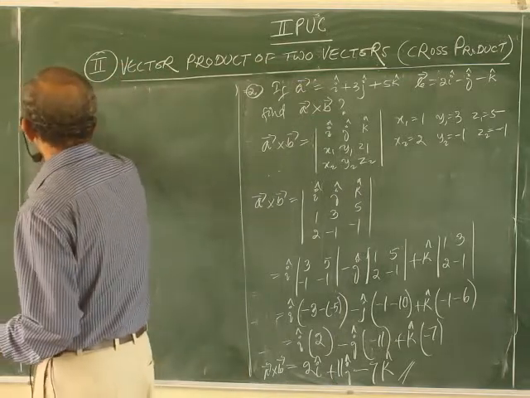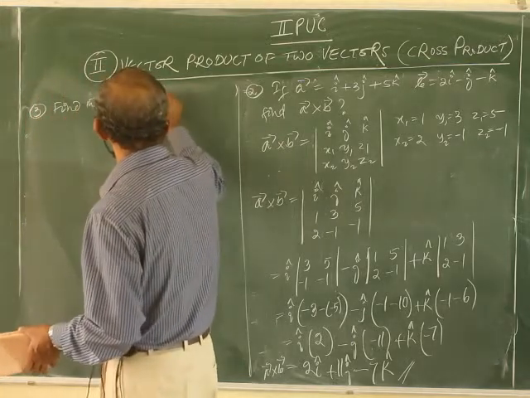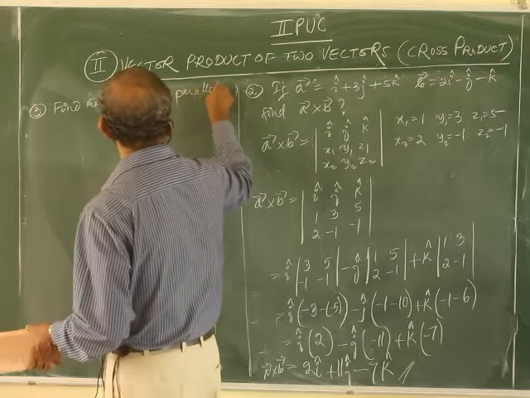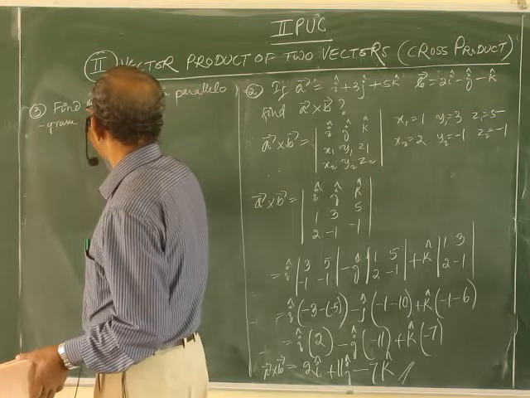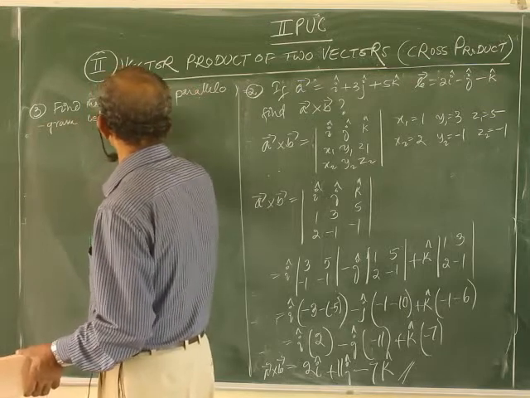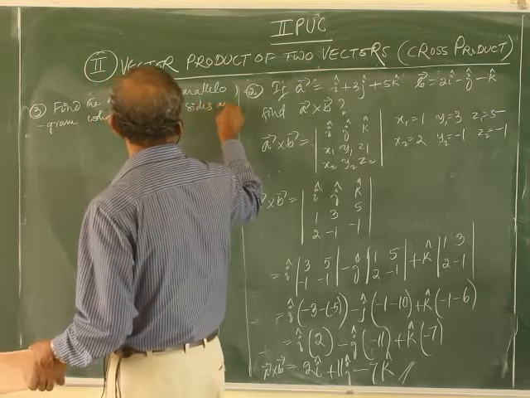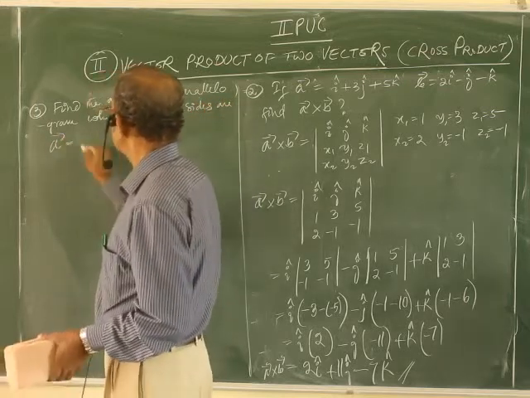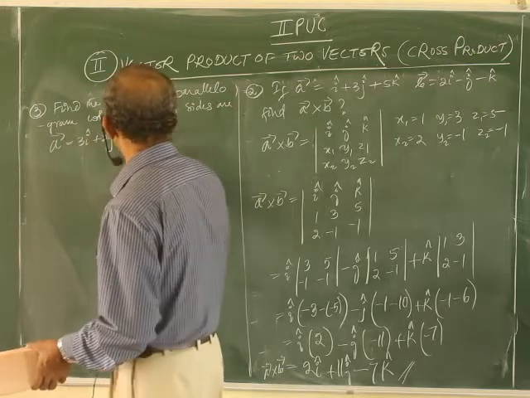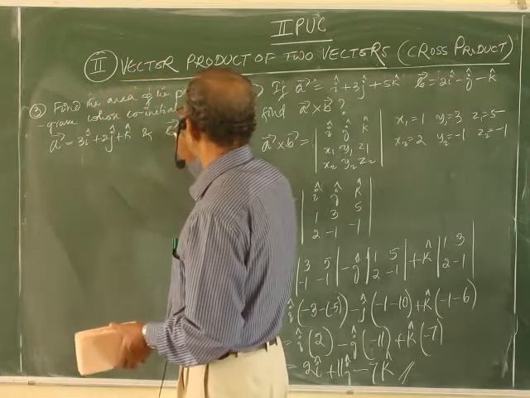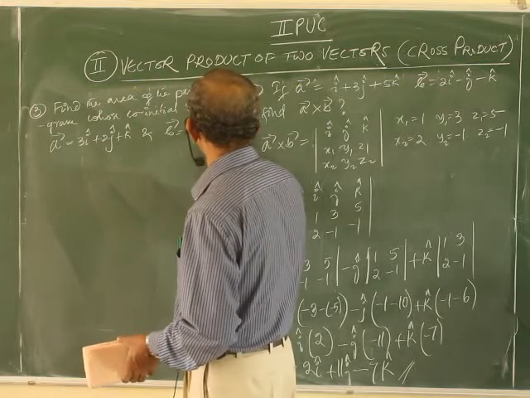Problem number 3. Find the area of the parallelogram whose co-initial sides are A equal to 3i plus 2j plus k and B equal to 2i plus 5j minus k.